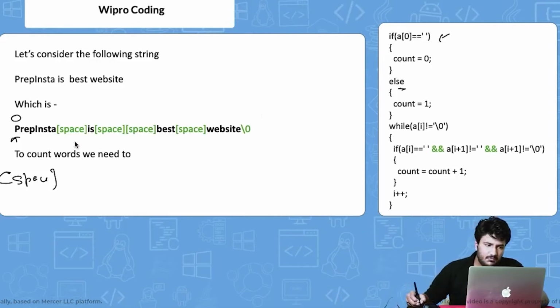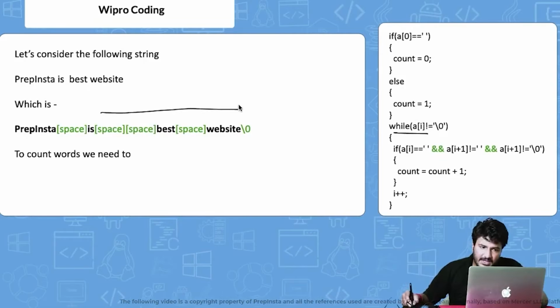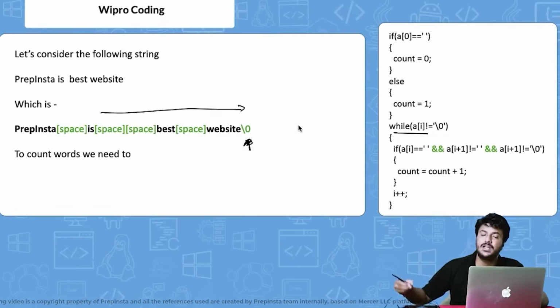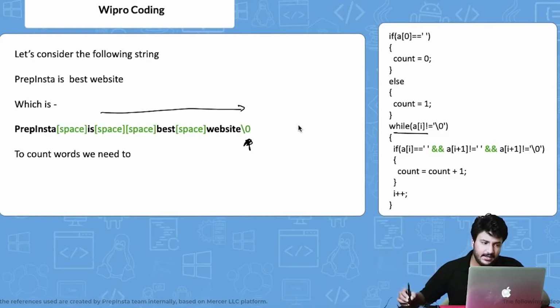Okay, so what it is doing, it goes to the while loop. What the while loop is doing, as I explained in the previous slide, it is iterating you till the end of the string, till we encounter \0 at the very end. Any particular string ends with \0, basic property of C, right?